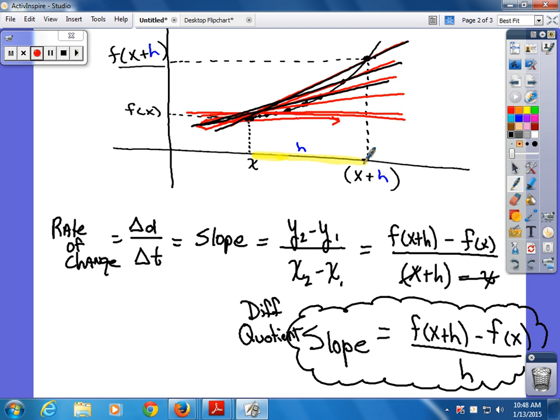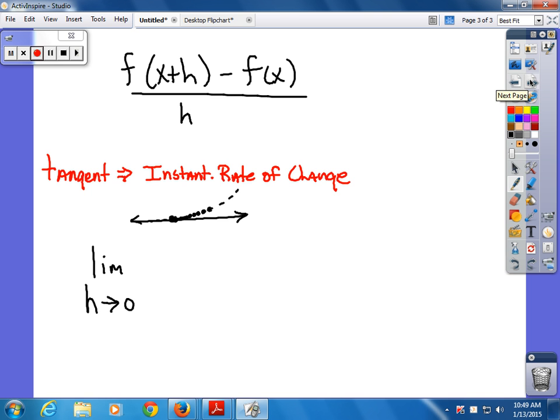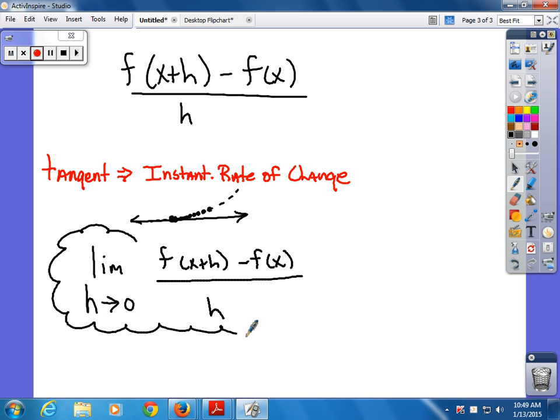As h approaches 0, it gets close to 0, but it doesn't touch 0. So the limit as h approaches 0 of f of x plus h minus f of x over h. This is called the difference quotient with the limit theory, which gives you the instantaneous rate of change. So let's take an example.